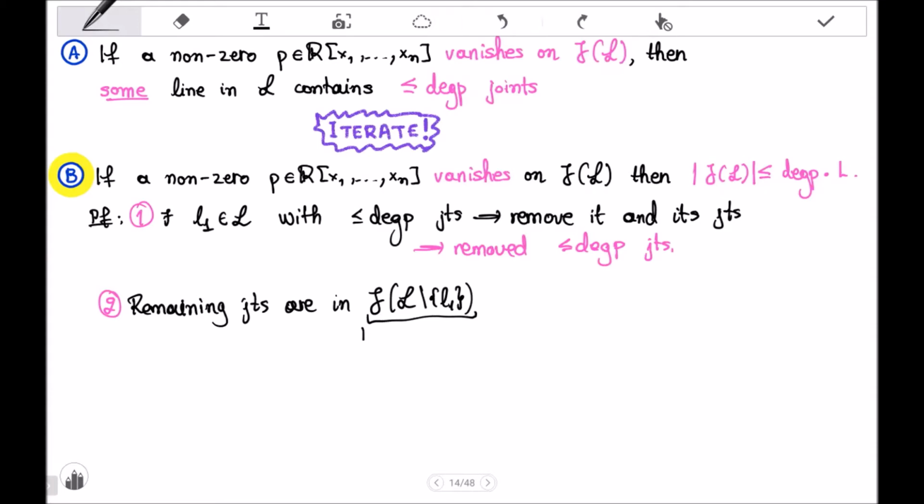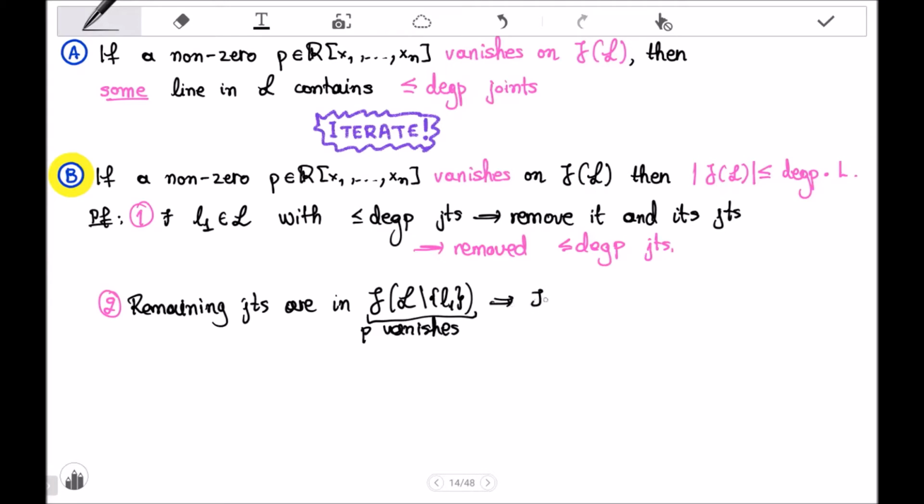So the polynomial vanishes here. So the polynomial P vanishes here on the set of joints. As soon as we find the polynomial that vanishes on a set of joints, we know that one of the lines contains few joints. And that's how we continue.